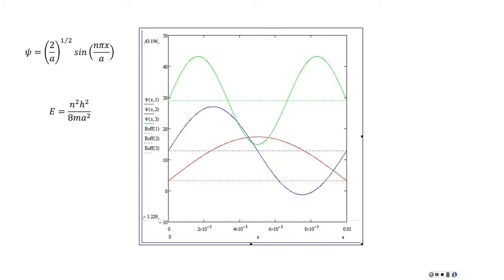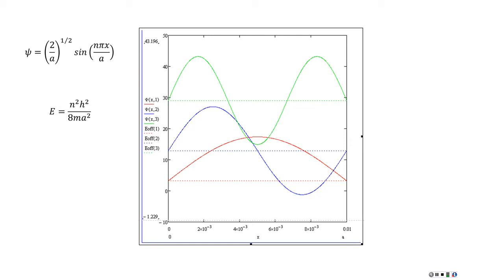So the n equals 1 wave function starts at the energy of E for n equals 1, in red. And n equals 2 in blue is higher. It's centered about the n equals 2 energy, and n equals 3 and so on.